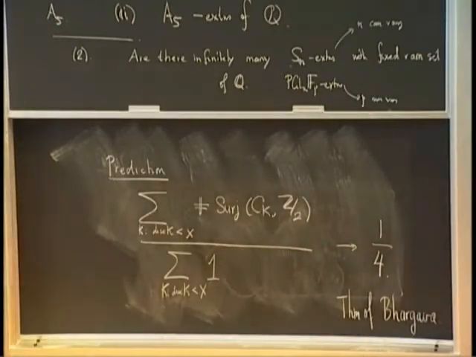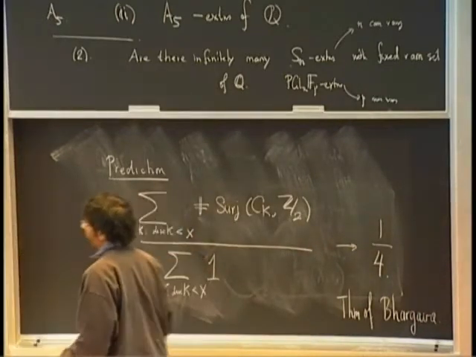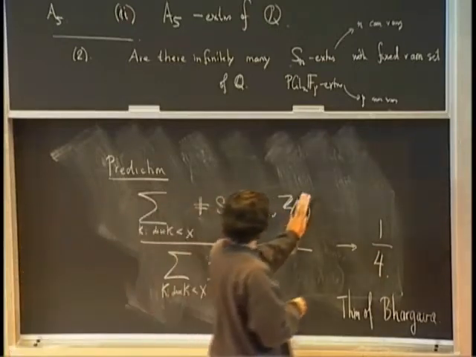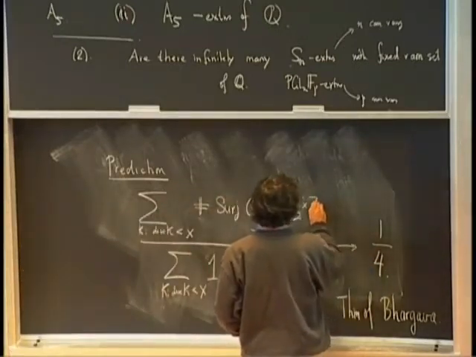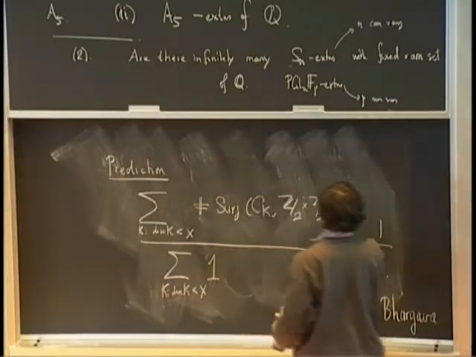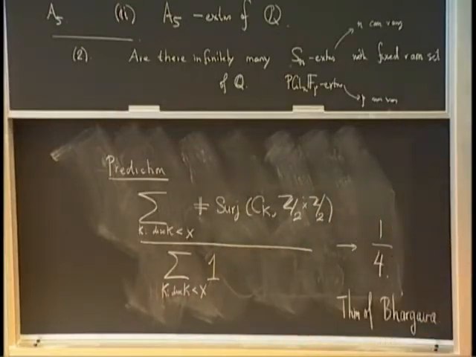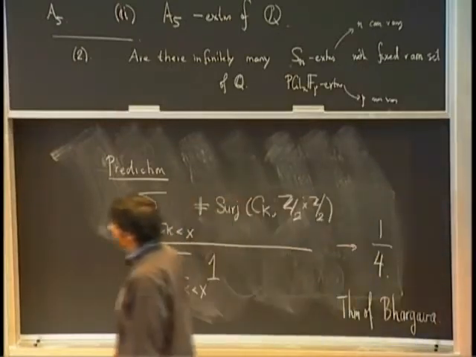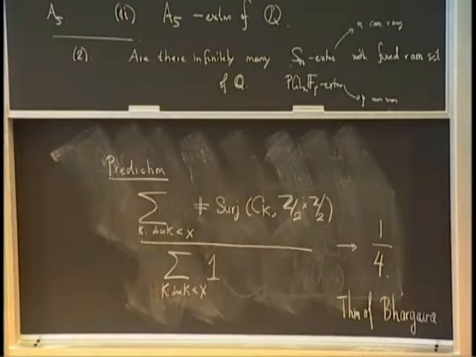Now, what happens if you look at the second moment? Suppose I put a Z mod 2 times Z mod 2 here. If you make this a Z mod 2 times Z mod 2, what you get over here is 1 over, instead of a half cubed, a quarter cubed, so you get 1 over 16.